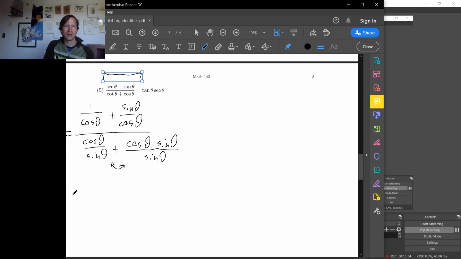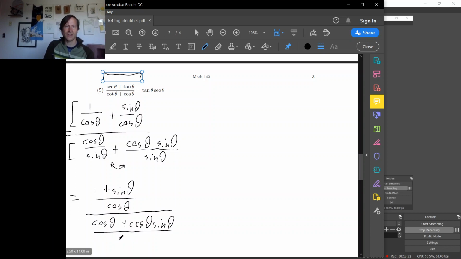All right, now in the numerator and the denominator, we can do our additions. So adding the numerator, we get 1 plus sine theta over cosine theta, over, and now in the denominator, we get cosine theta plus cosine theta sine theta, all over sine theta.